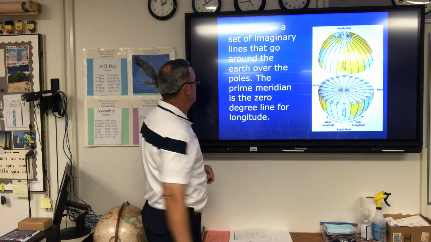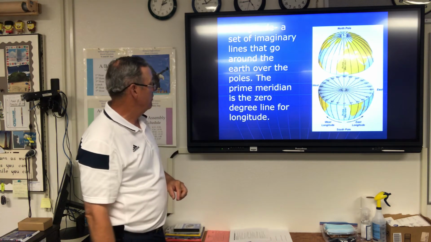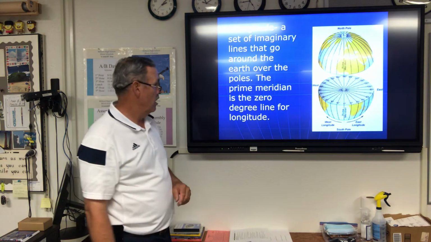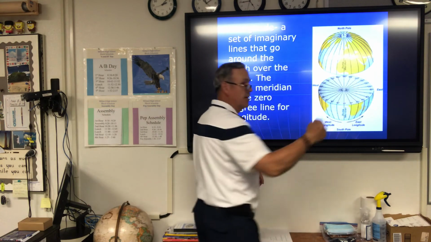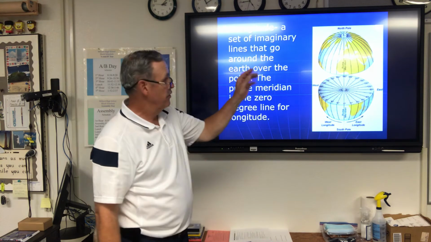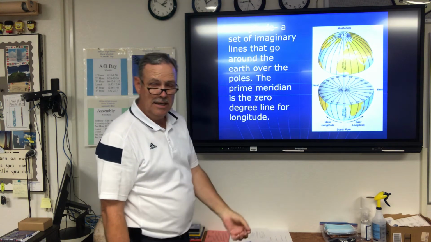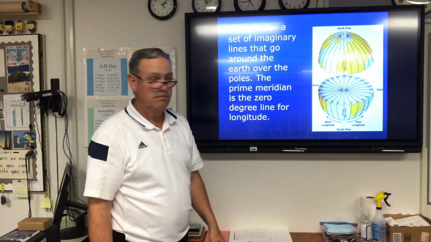Okay? Longitude, a set of imaginary lines that go around the Earth over the poles. The prime meridian is the 0-degree line for longitude. So basically they are 180 circles that go around the Earth, and every one of them goes exactly the same place over the north and over the south poles.